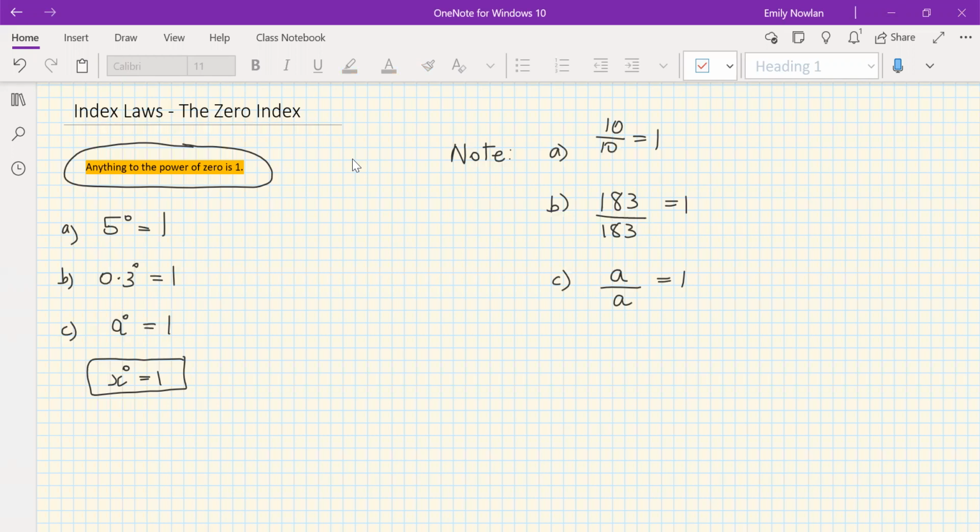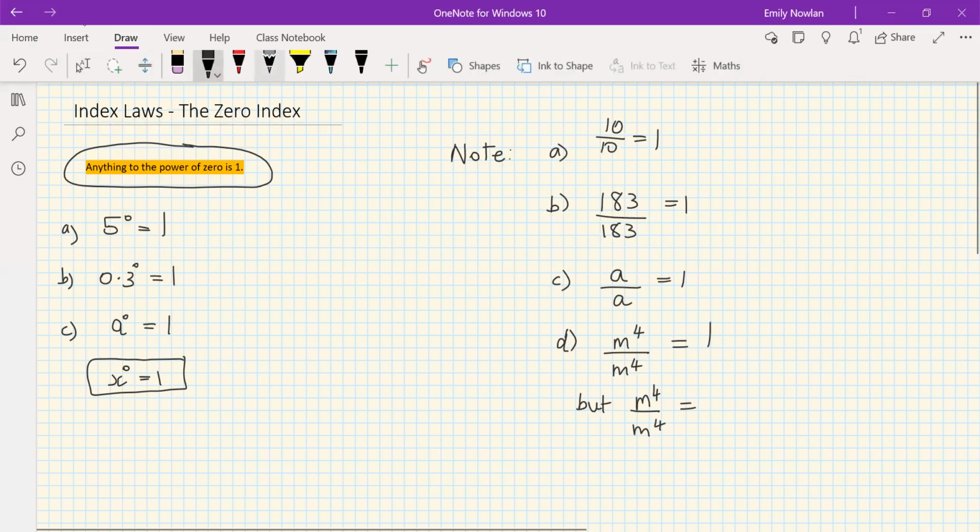So what if we take any number and make it look a little bit more complicated: m to the 4 divided by m to the 4. That's the number divided by itself, so it still gives you 1. But let's use the index law for dividing indices with the same base. If I have m to the 4 over m to the 4, remember these indices are connected to the same base. m is the same base.